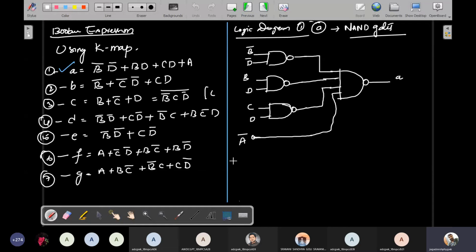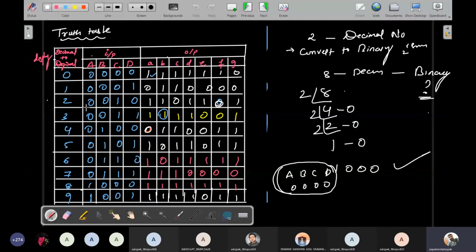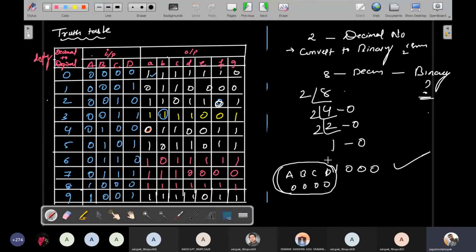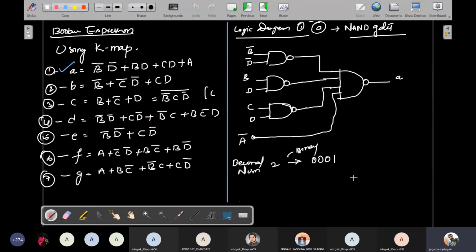Right now I consider the output for, suppose, the decimal number 2. What is the binary state of decimal number 2? It is 0010.